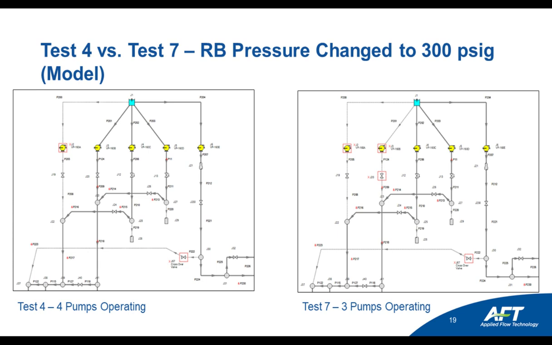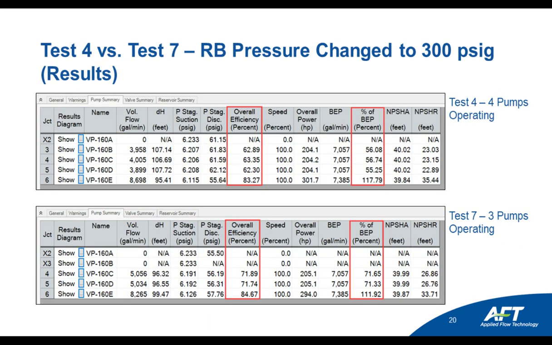Well, the system for each of the pumps looks the same, but we're keeping that crossover valve closed. So we've got 4 pumps running versus 3 pumps running. The crossover valve in each system is closed, and we want to try and maintain a pressure of 300 psi in the cavern. And here's the impact on results.